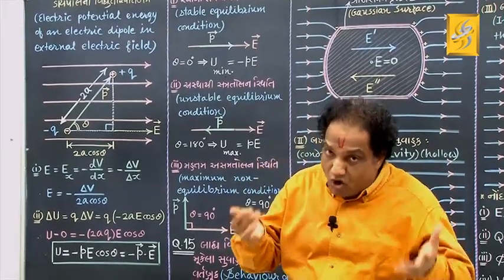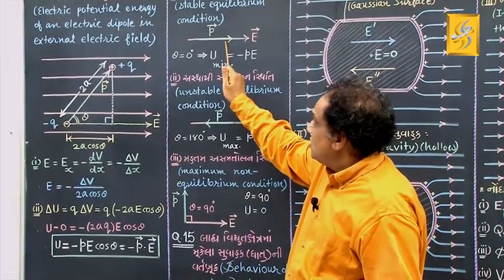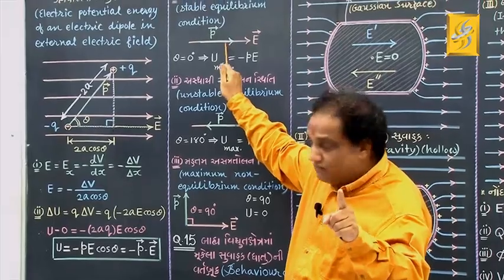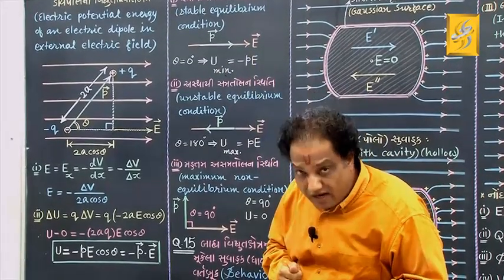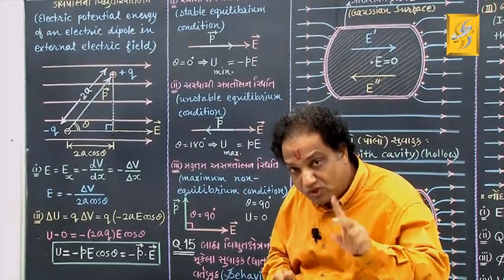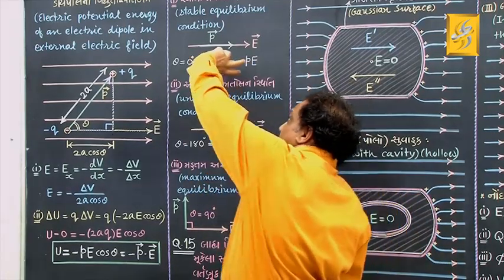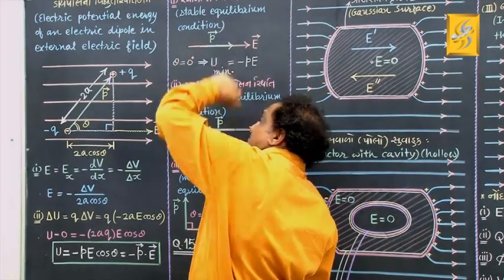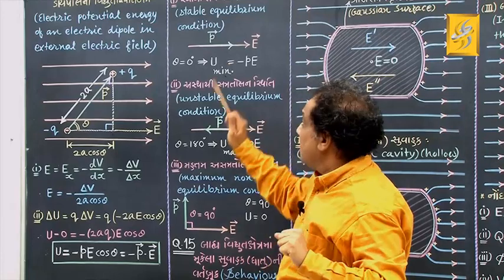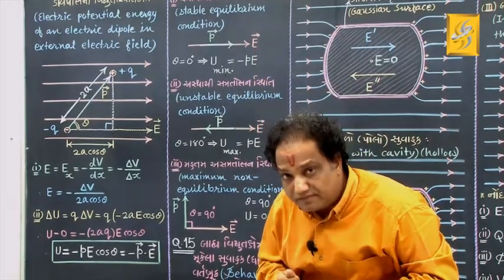But now I want that this dipole should make some angle with this external electric field, and for that purpose what should I do? I must exert some external torque so that it can make some angle with this external electric field.